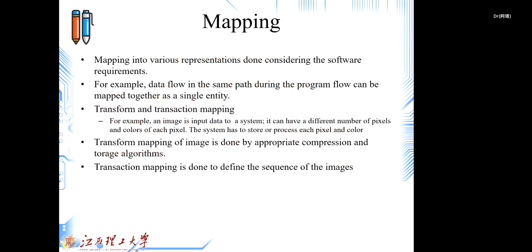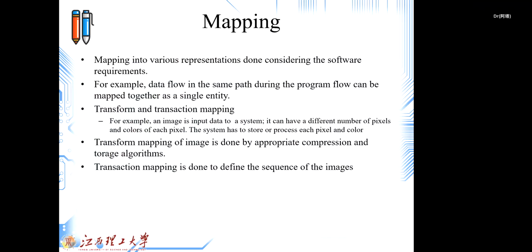Next part is mapping, which is mapping into various representations done considering the software requirements. For example, data flowing in the same path during the program flow can be mapped together as a single entity. Transform and transaction mapping: for example, an image is input data to a system.